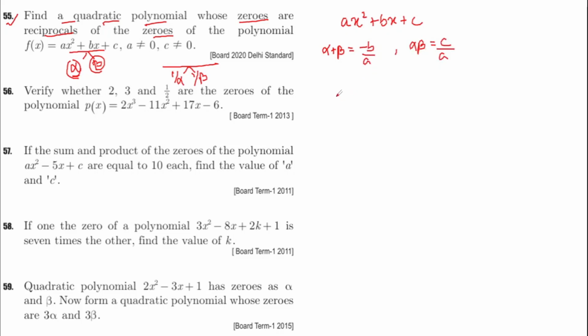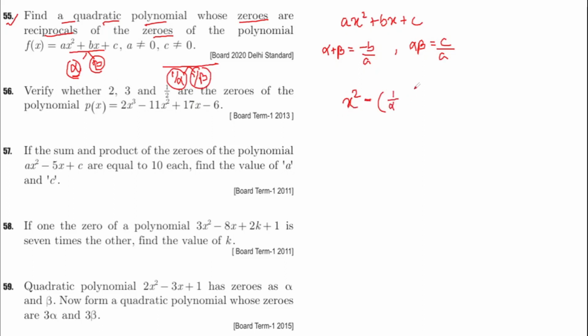Okay. Now we need to form a new polynomial where the zeros are 1 by alpha and 1 by beta. To form a new quadratic polynomial, we use the concept of x square minus sum of zeros x plus product of zeros.